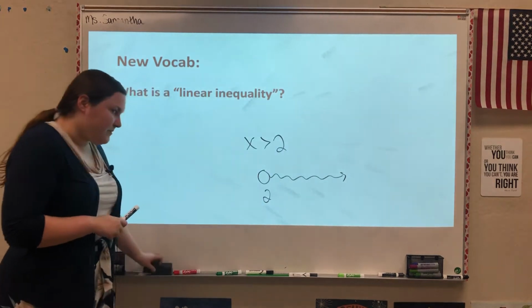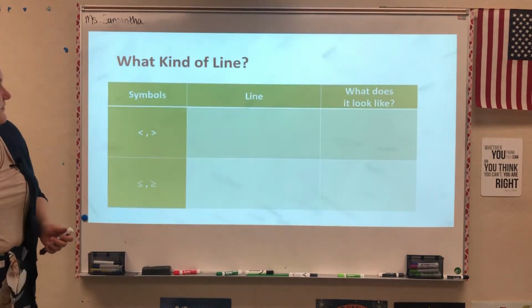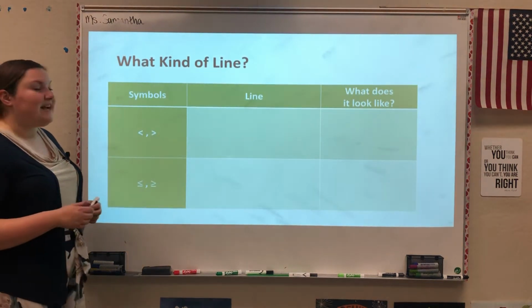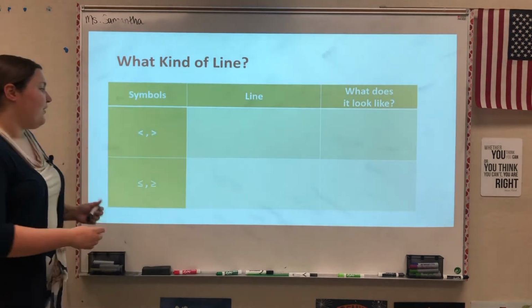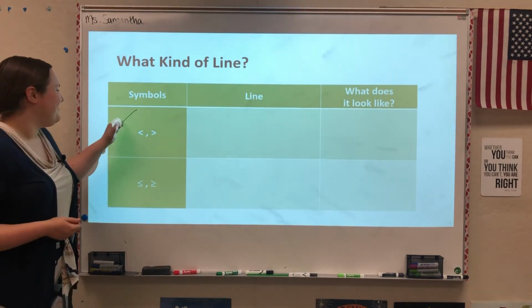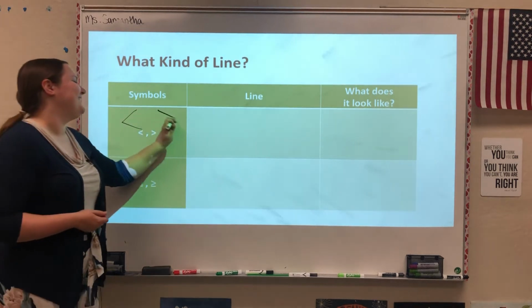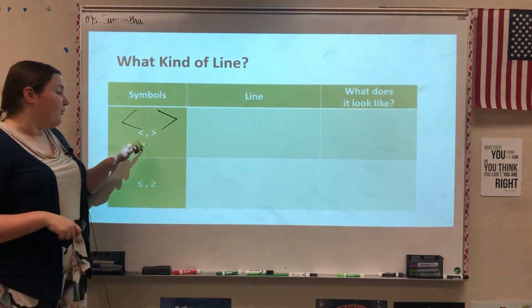So we've got a spot where we're going to take down some of these notes. One of the first things that's different is that instead of choosing a circle, we're going to have to choose a line. For these symbols here, which are probably way too small for the camera, we've got the less than sign and the greater than sign. On a number line, we would use an open circle.